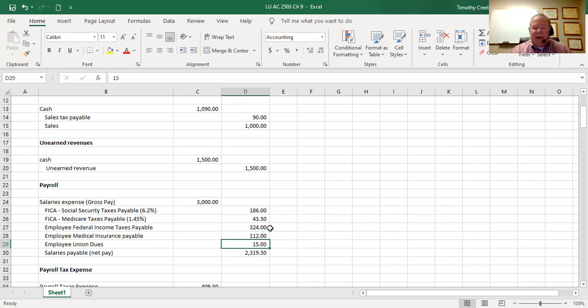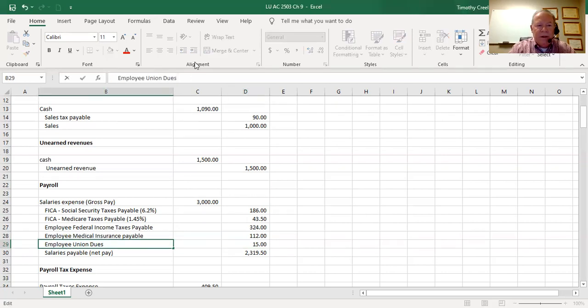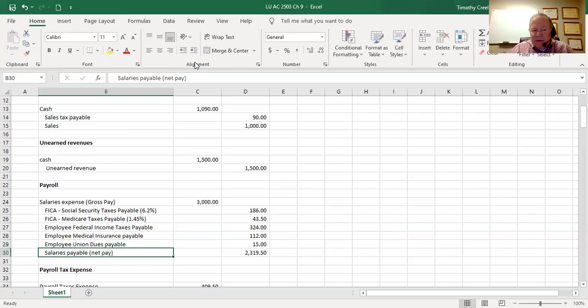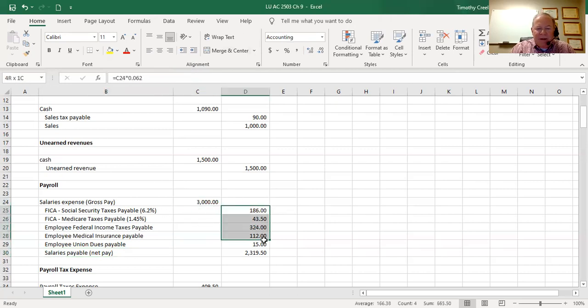And then if the company has a union, they might take out the union dues. Let me go ahead and make this employee union dues payable. And so this would be union dues coming out. Your gross minus everything that's coming out of the employee's check equals your net pay, which is your take-home pay, the amount that's put into your account.